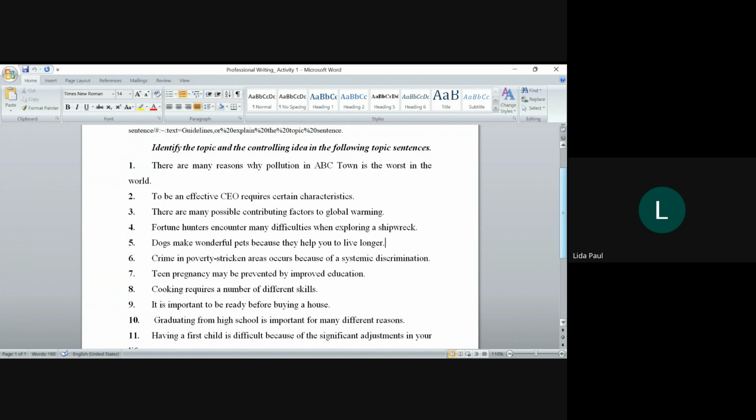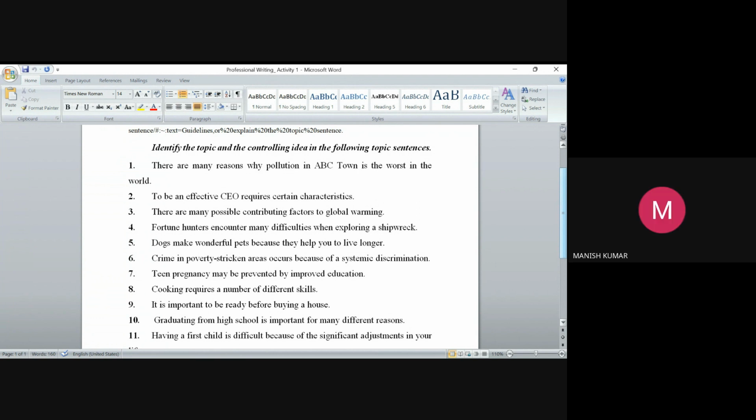So topic is exploring a shipwreck, and the difficulties. You definitely know that is the controlling idea, because that is what you're going to highlight the paragraph about, right? So fortune hunters, unfortunately, though it sits there, does not have many roles to play. The main two parts of that sentence are the shipwreck, which is the topic, and the difficulties, which becomes your controlling idea. Okay, understood how this is?